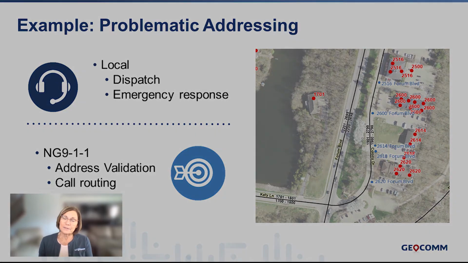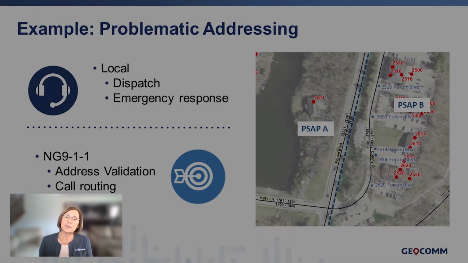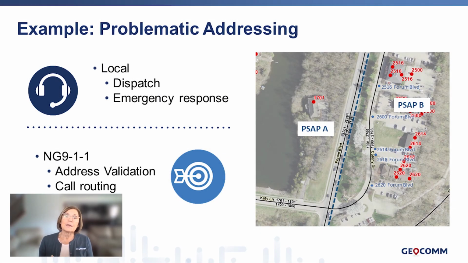Now let's look at that same example, but from a Nextgen 911 standpoint. As an example, if the PSAP boundary fell along Forum Boulevard or adjacent to Forum Boulevard, would the geocoded addresses fall within the correct PSAP boundary? May or may not.